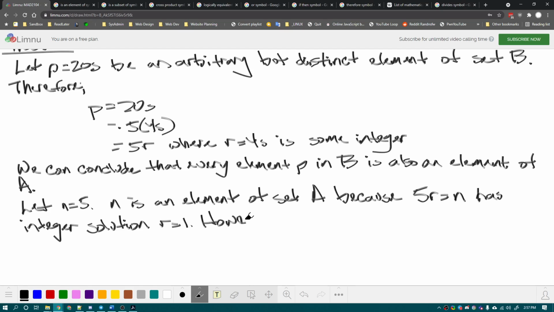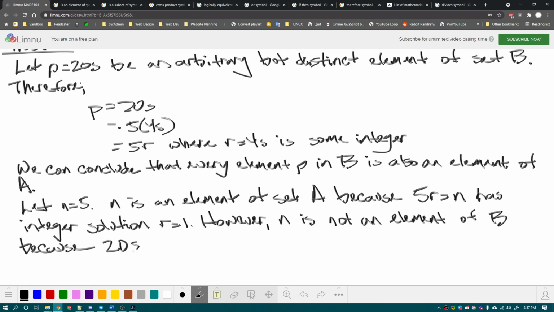However, n is not an element of B because 20s equals n has no integer solution s.